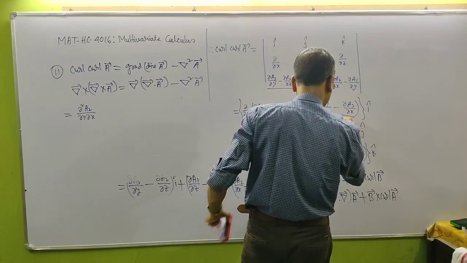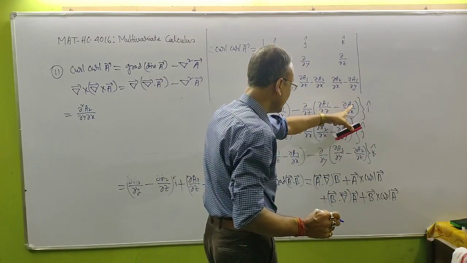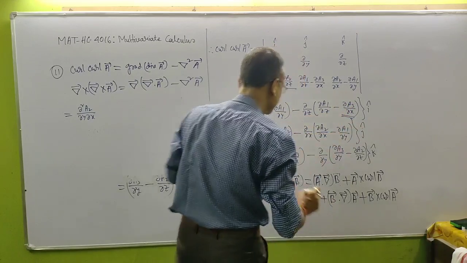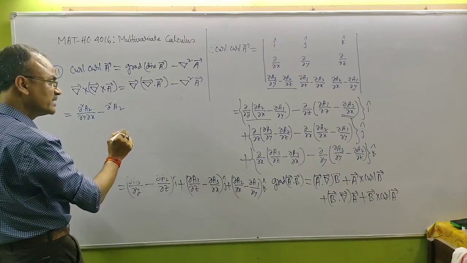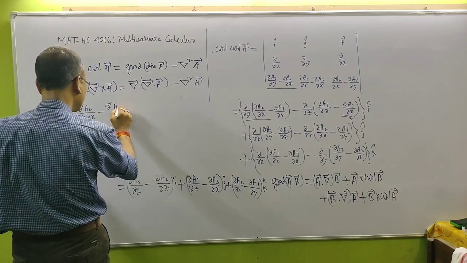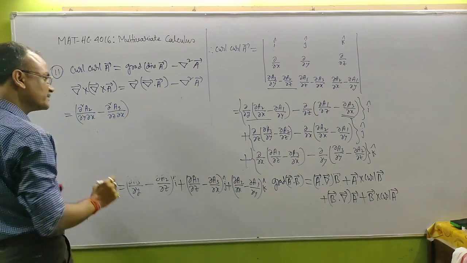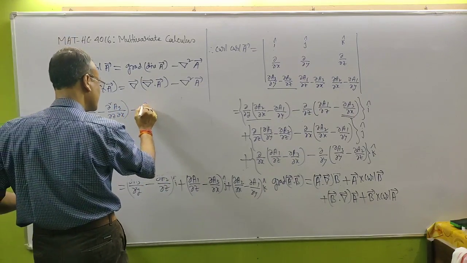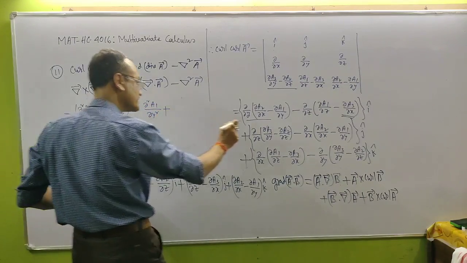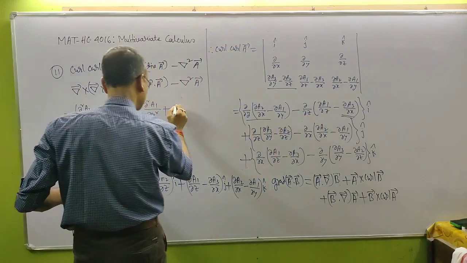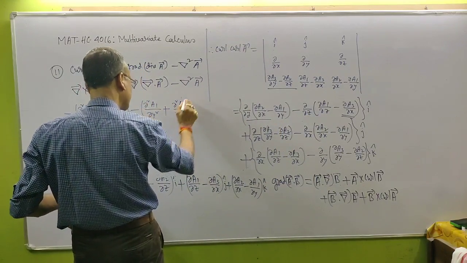Next write this one. What is this? Minus plus del square A3 by del z del x, del square A3 by del z del x. This one. Minus del square A1 by del y square plus del square A1 by del z square.